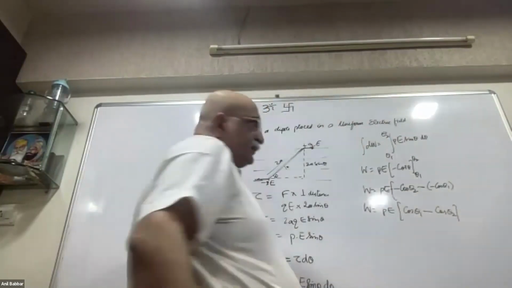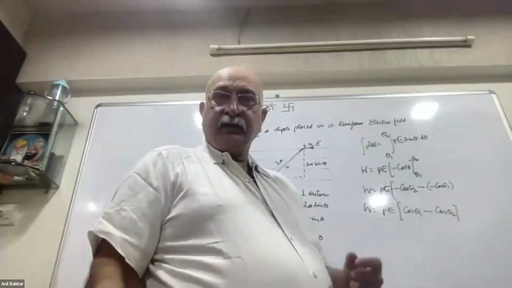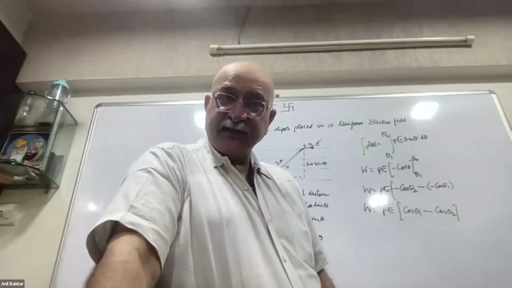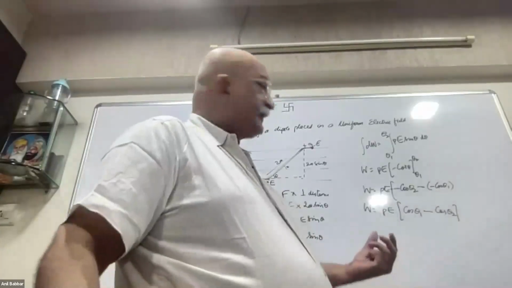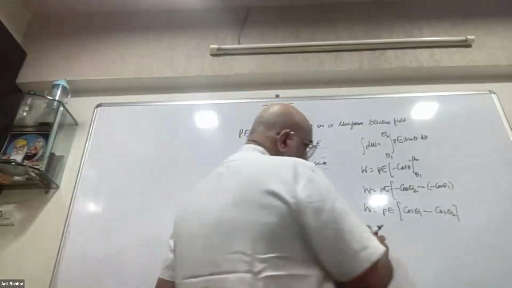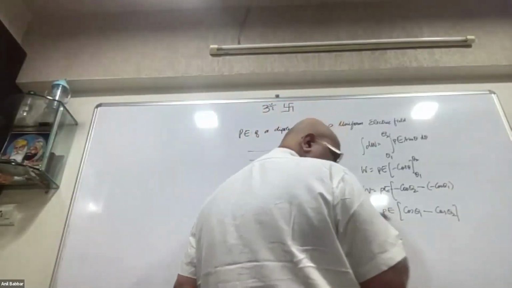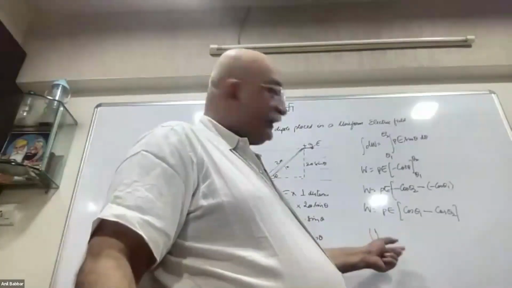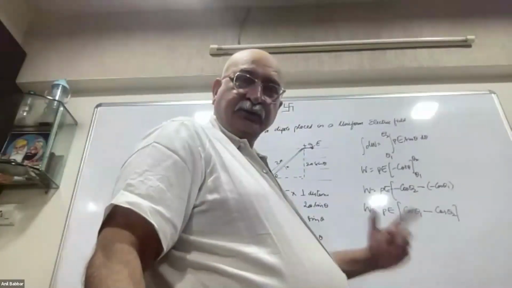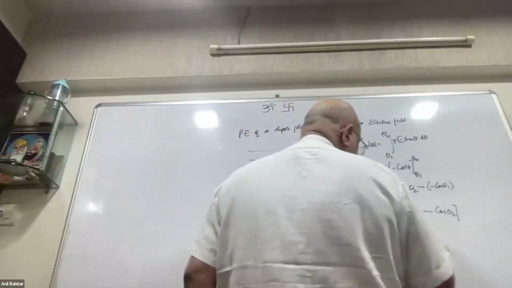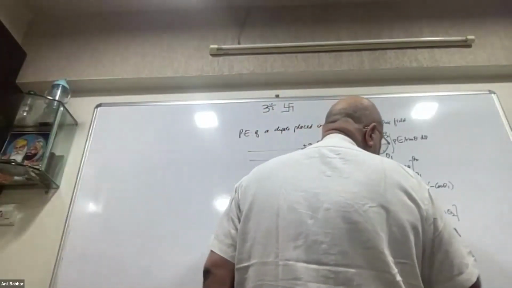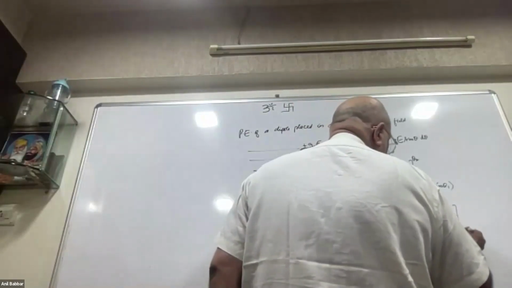This is the work done, and it will be stored in the dipole as its potential energy. U denotes the potential energy, so we can write U in place of W. So U will be equal to pE times cos theta 1 minus cos theta 2.